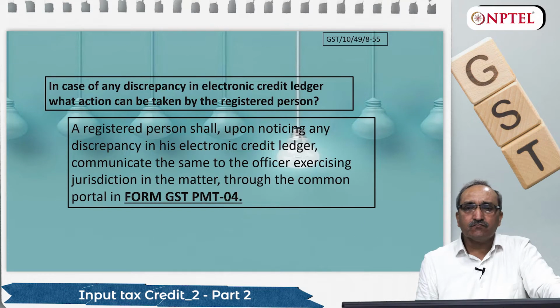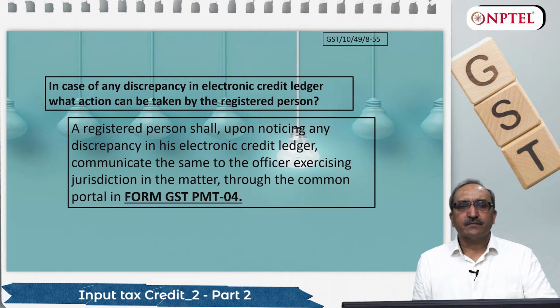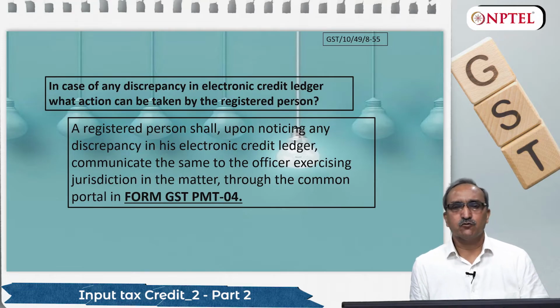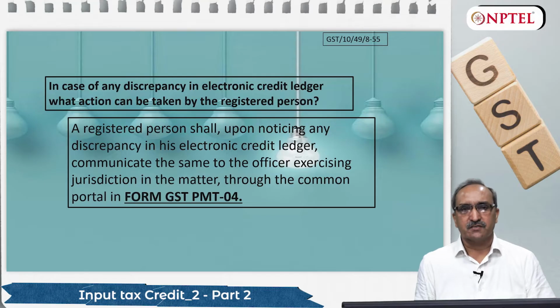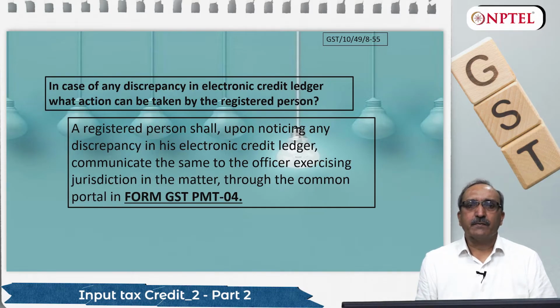Friends, in accounting, it's a normal practice that accounts, though maintained very carefully, still due to some reason there are mistakes. There are wrong entries passed, maybe because of clerical mistake or maybe some wrong interpretation of the transaction. And the same thing can happen at the GST portal also.